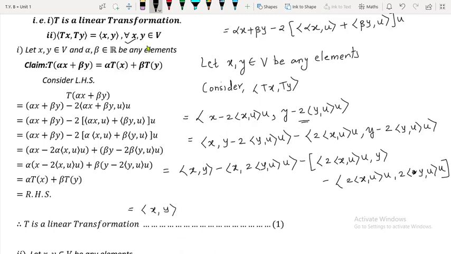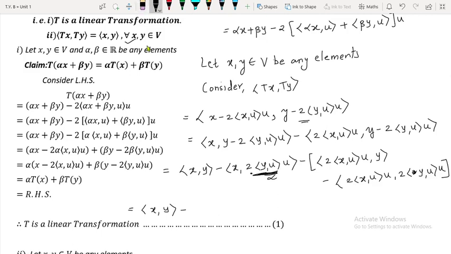Which is further equal to inner product of x with y minus, now what I can do is, see, inner product is always a real number, this 2 is also a real number, so this is a product of real numbers, so you can treat it as some alpha that can be taken out of the inner product sign. So it will be minus alpha times inner product of x with u, and what is our alpha? I will directly write it down.